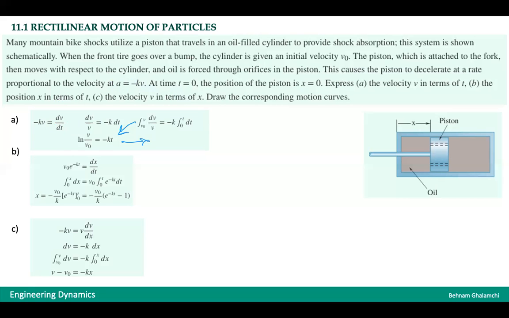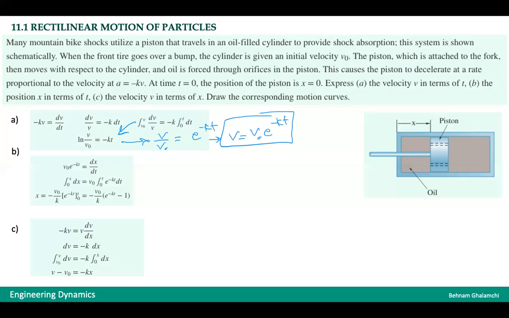One step more, we can write this equation in exponential form. We can say that v over v0 is equal to e to the negative kt, or we can say that velocity is v0 e to the minus kt. That is part A of the question.